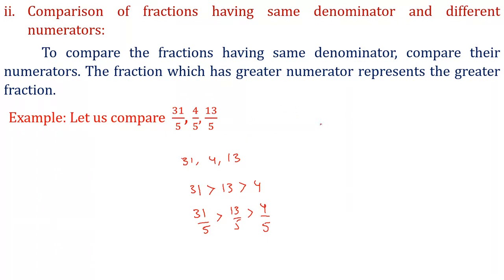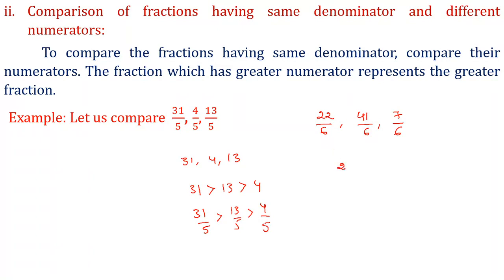Okay, take one more example here. 22 by 6, next 41 by 6, next 7 by 6. Here the denominators are equal, no need to compare, just compare the numerators. In which the numerator is greater, that one is the greater itself.